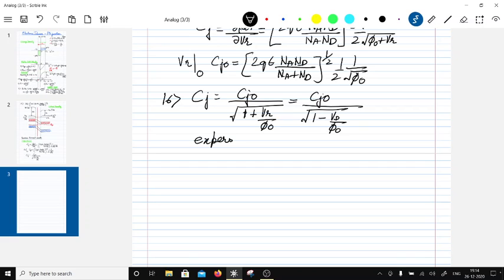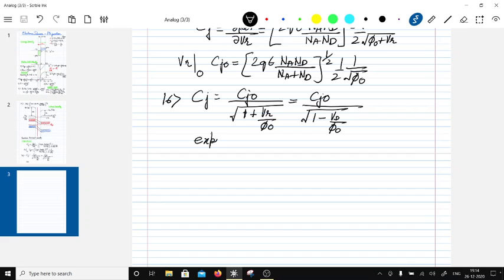because this is based on a condition, right? The condition is that the charge is not leaking out of the junction. But when the diode becomes forward bias, when you go close to Vd equal to phi 0, then the diode becomes conductive, right? So it doesn't store the charge, so the capacitance should decline to 0.